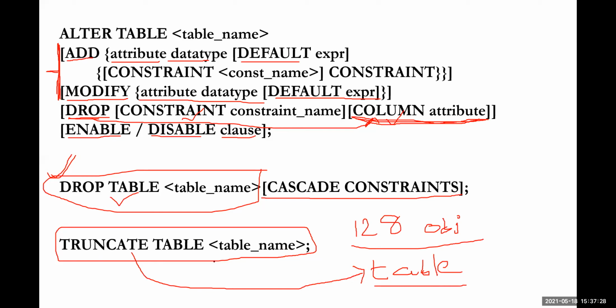Let me explain truncate after some time, after the explanation of the DML insert command, because I wanted to explain something about truncate. Okay, so these are DDLs. This is the way we operate the DDL commands in Oracle, otherwise in SQL.